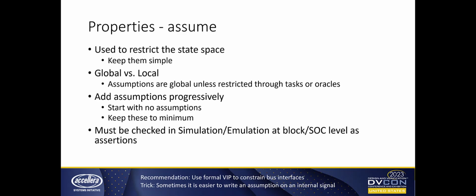Ideally, you will formally verify that the assumptions are correct. If you can't do that because the state space is too big, then running them in simulation and emulation is good. Any assumption that's incorrect, if you get a proof that uses that assumption, then the proof is no good. So you definitely want to make sure your assumptions are correct. And of course, those are going to be annotated in the test plan as well.